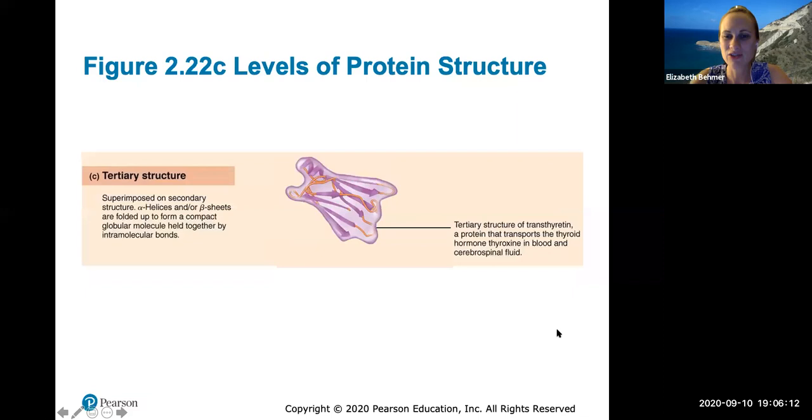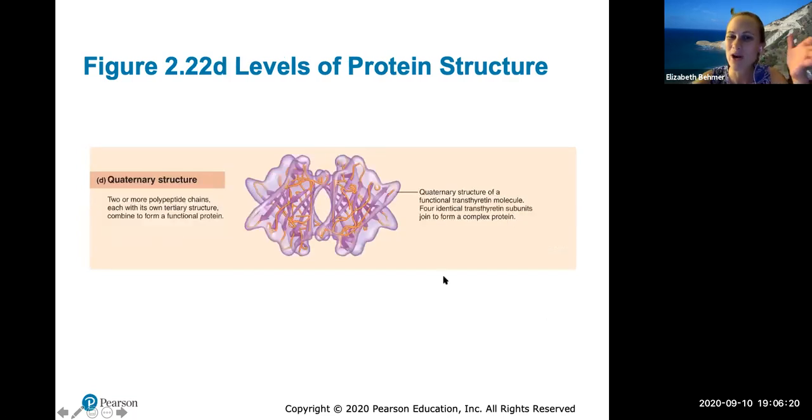The tertiary structure is how those alpha helices and beta sheets will then interact with each other. So they'll kind of be folded over. And then the quaternary structure involves 4 identical subunits formed to form a complex protein.